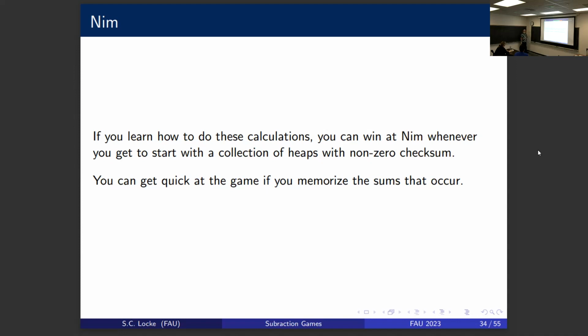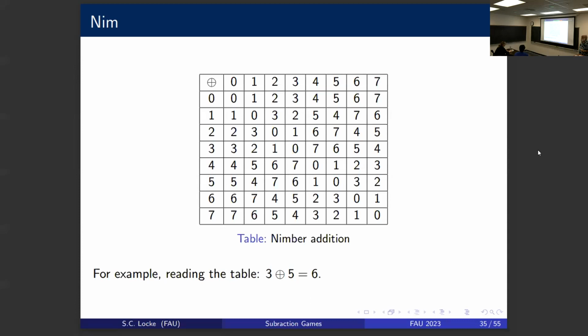You can do that if you want, but you can do things a lot quicker if you're willing to play up to a certain size and you're willing to use a few memory cells. So you can write down an addition table for this type of sum, and you can say, what is 7 plus 6? Well, I go across the line for 6, I go to 7. 7 plus 6 is 1.